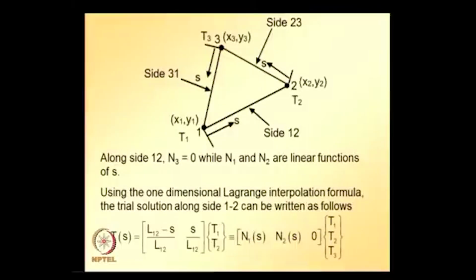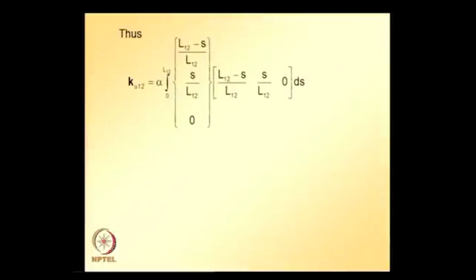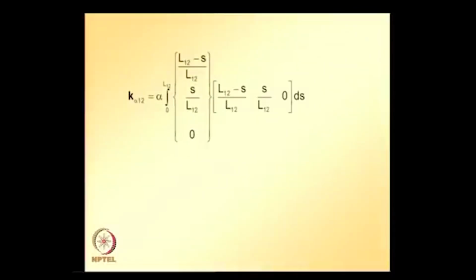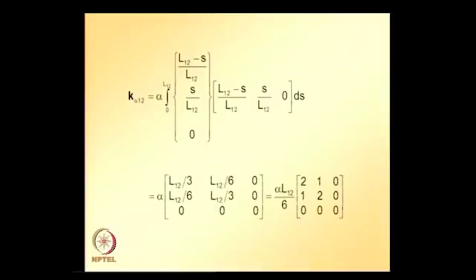So, using one dimensional Lagrange interpolation formula, the trial solution along side 1 2 can be written as follows, and substituting this into k alpha, we get, or we can approximate k alpha along side 1 2, and the simplified form of k alpha is given.